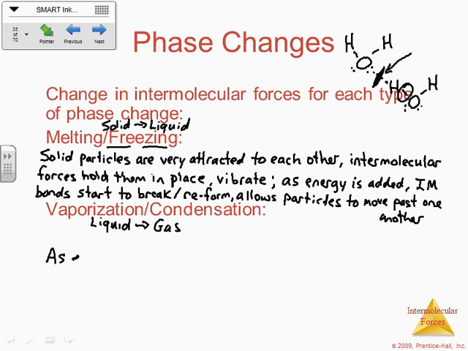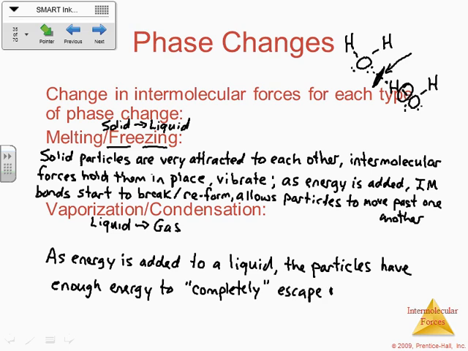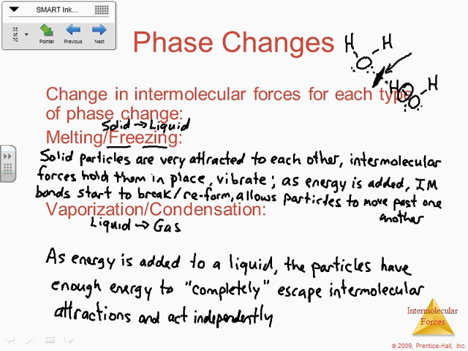So, as energy is added to a liquid, the particles have enough energy to, I'll say completely, escape intermolecular attractions and act independently. Sorry about my handwriting there. Okay, so that's the idea.